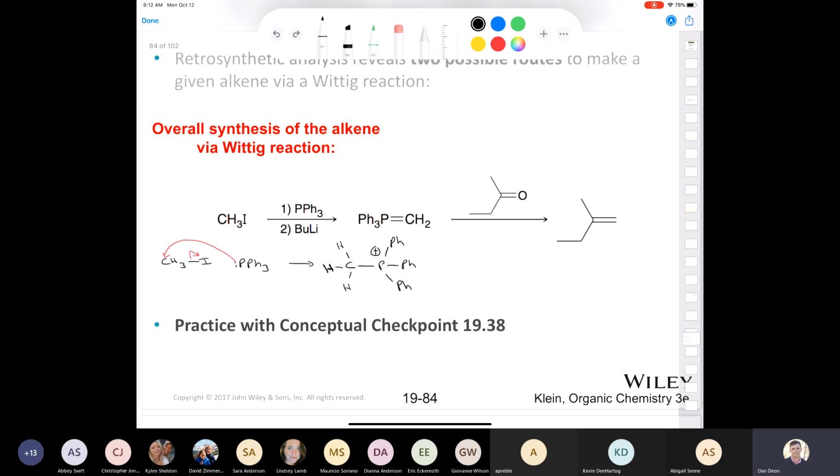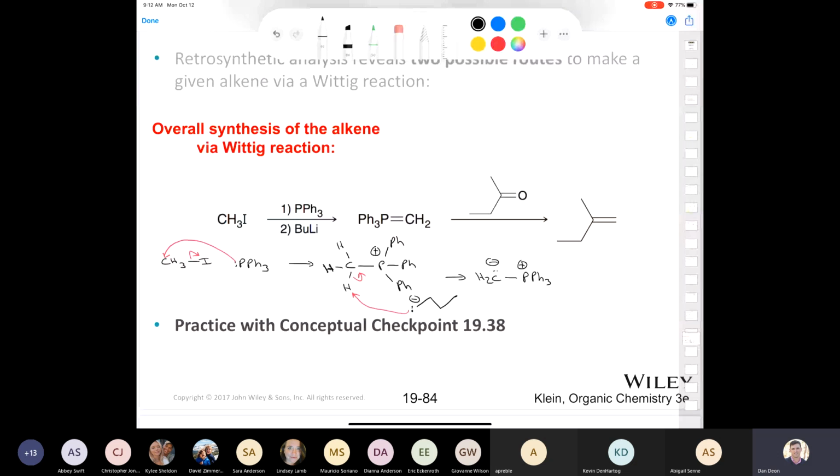I'm going to write it out like this, 1, 2, 3, 4. I'll put the negative charge. I'll leave the lithium out. And we're going to end up ripping this proton off like that. And then we're going to have this CH2 with a negative charge on it, on our phosphorus. I'm going to condense all those. And that's our ylid.